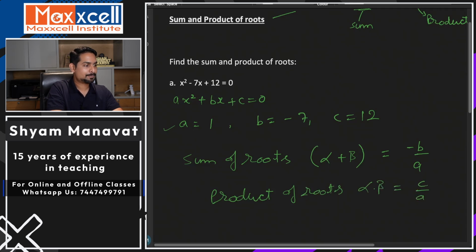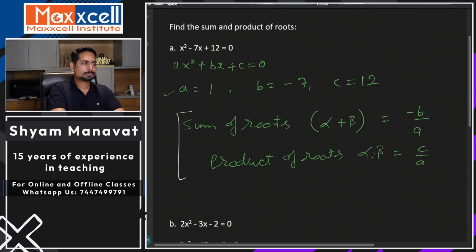Note this part. Once you find a, b, c, then note this: the sum of roots, which is alpha plus beta, where alpha and beta are roots of the quadratic equation, is equal to minus b upon a, and the product of roots, which is alpha into beta, is c upon a. Okay, c upon a. Is that okay? Great.